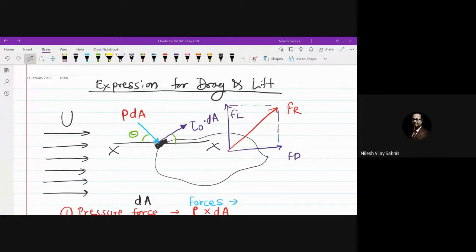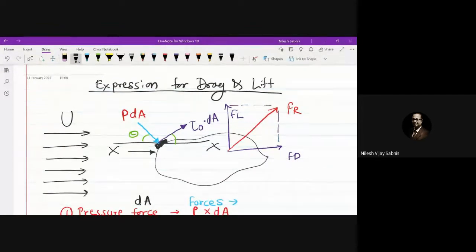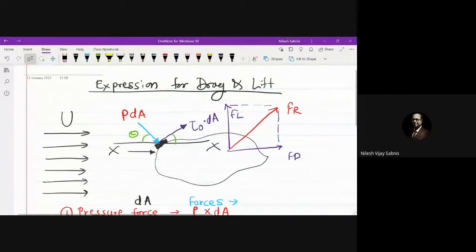I want this value, this component. What will it be? I will wait. PdA cos theta.